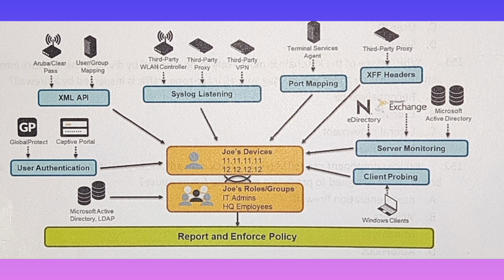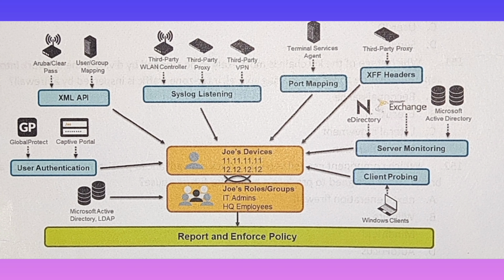Now identify the method for identifying the users. So, User-ID and mapping users. The User-ID feature of the Palo Alto Networks next-generation firewall enables you to create policies and perform reporting based on user and group rather than on individual IP address.